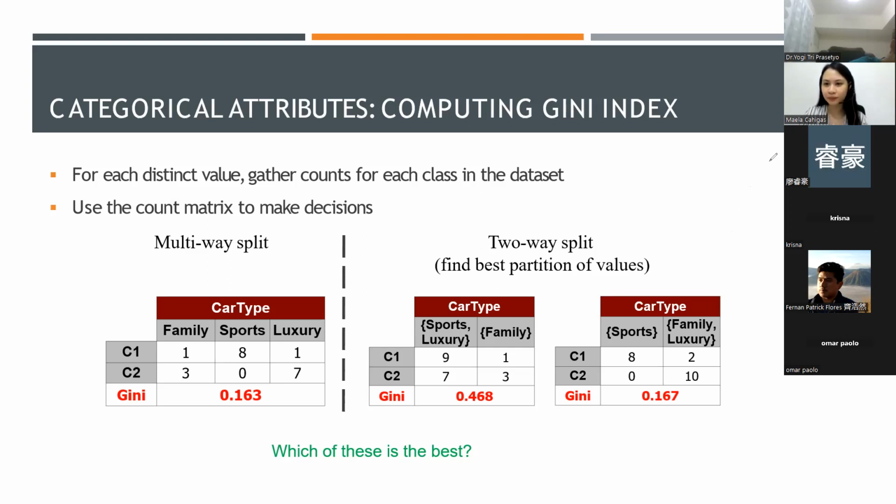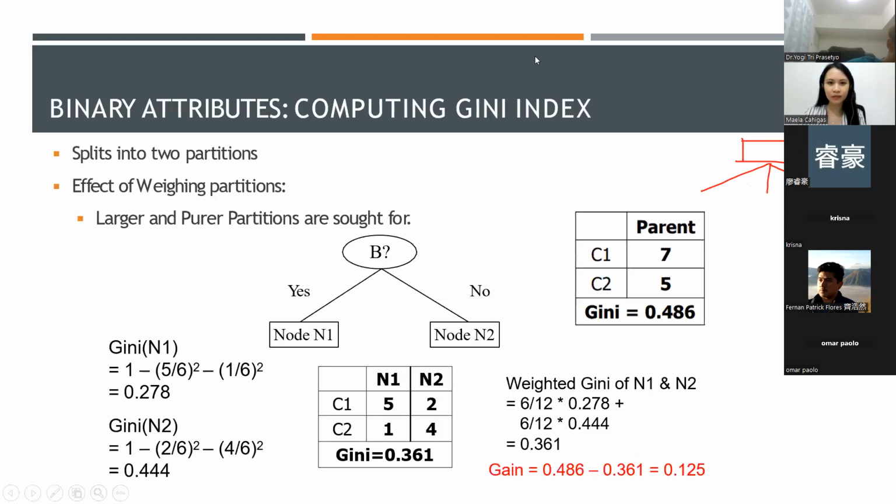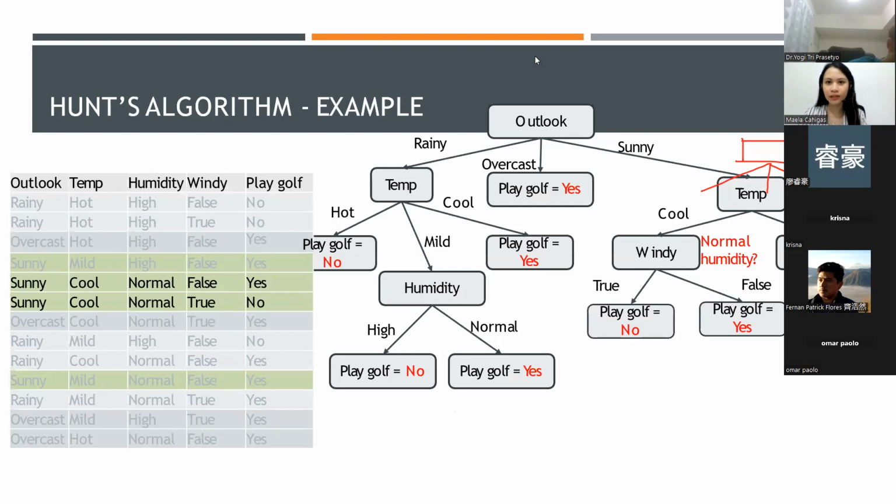For example, we have rainy, overcast, and sunny. What if I want to combine rainy and overcast? It's also possible, and sometimes the code would just combine them because they're more optimal than having three branches. Or we can also combine rainy and sunny, or overcast and sunny.